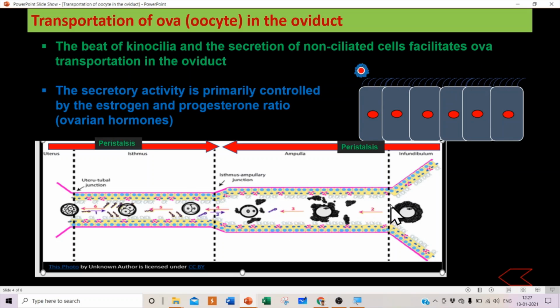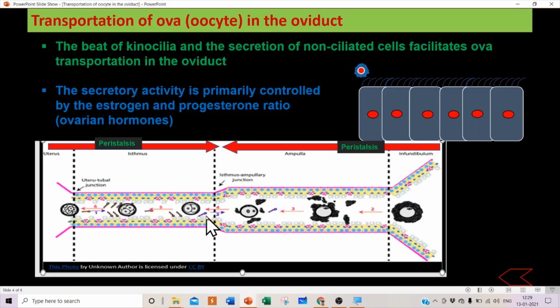This is the oviduct, which has different segments. The lining cells are ciliated cells as well as non-ciliated cells. The cilia facilitate oocyte transportation after receiving it, moving it toward the ampullary isthmus junction. The cilia play a very significant role, and the non-ciliated cells produce secretory fluid, which also facilitates this.